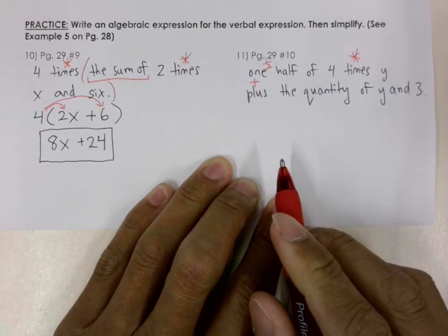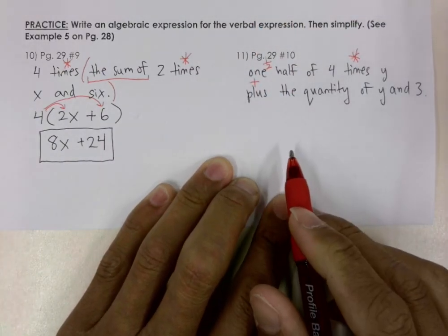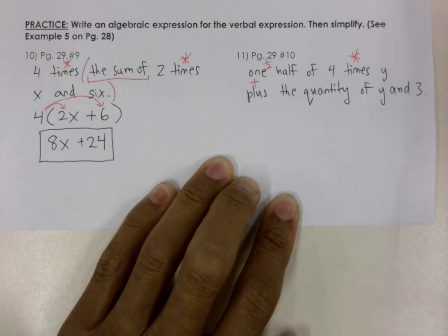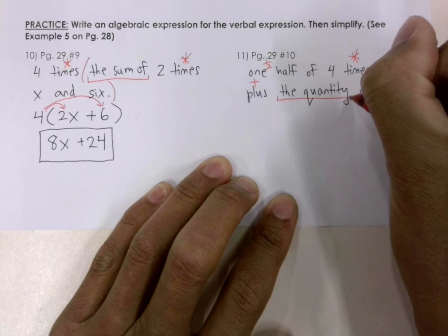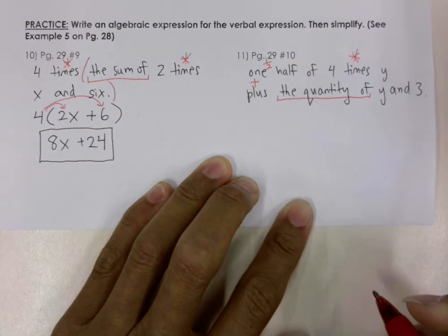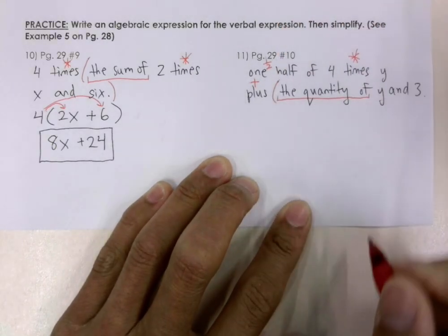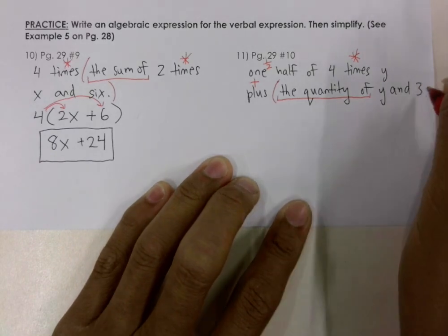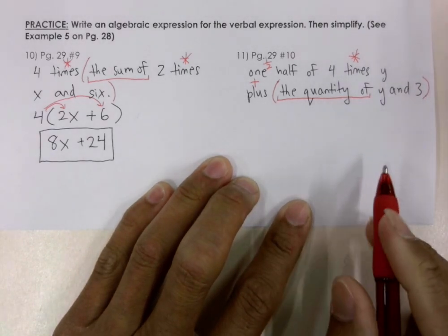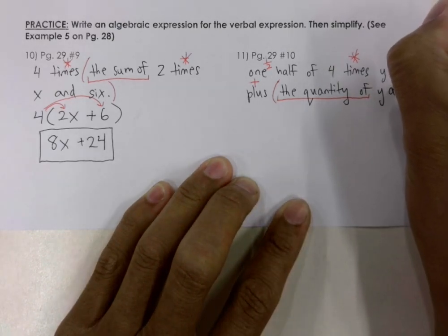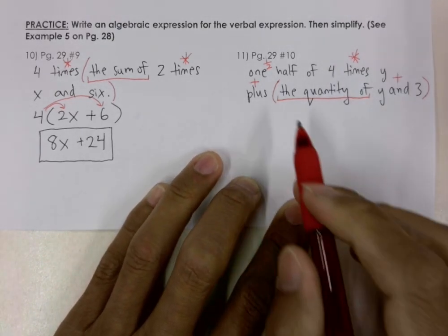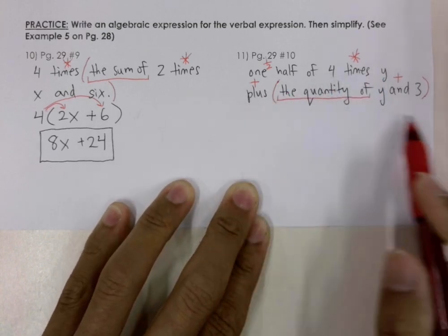Plus is addition. And finally, we have the quantity of. When we see this phrase, the quantity of, we have a parentheses around the next 2 terms. This and here is an addition, and we have now analyzed our verbal expression.